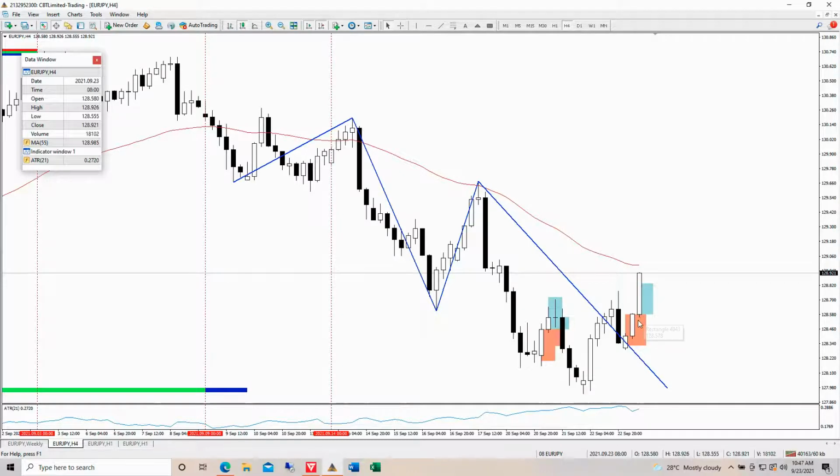What do we do on the timing? Well, the entry would be at the open immediately of the next candle. Our initial stop, this is actually incorrect. Our initial stop could be below the fractal low, but what we could also do is maintain that stop below that candle's low. Now, in the past, I've shown you how, if we've got an engulfing candle, that would be a fractal low, and that otherwise you could look to use the fractal low if that's not the case, and this would be an example of that.